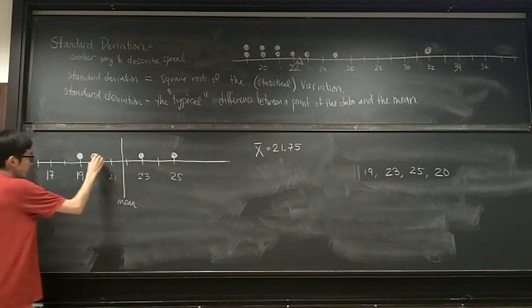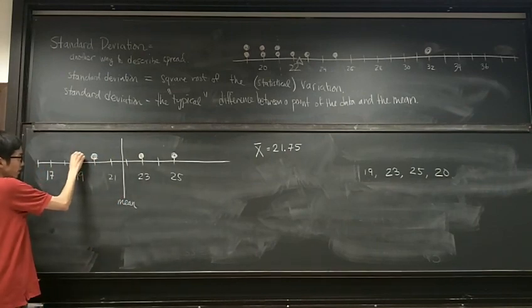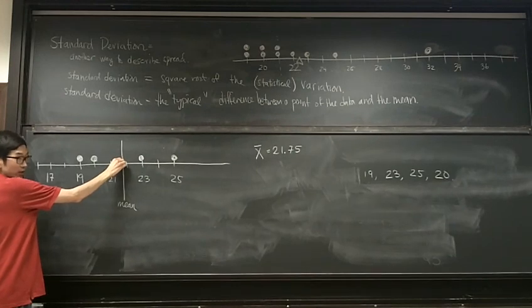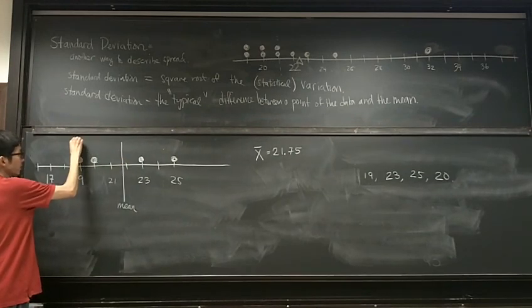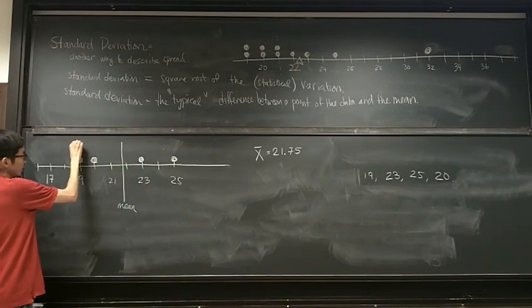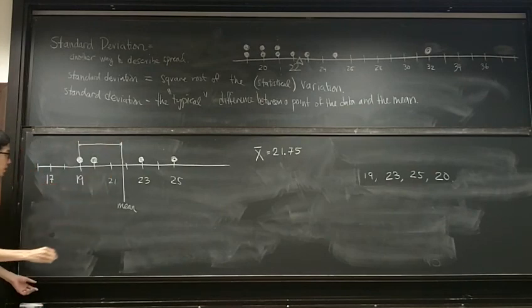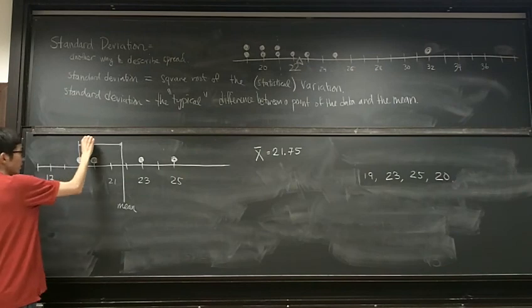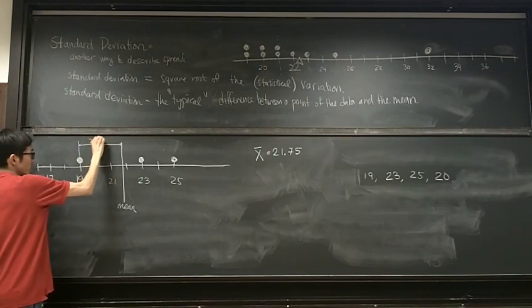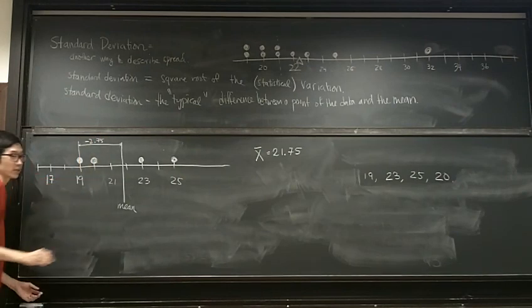What is the difference between this point, the 19, and the mean? How far is it from the mean? If I draw a line at 19, I can figure this out. This point is 2.75 from the mean, right? It's 2.75 below.